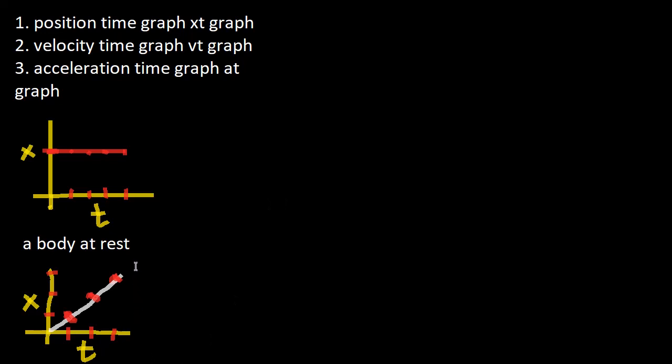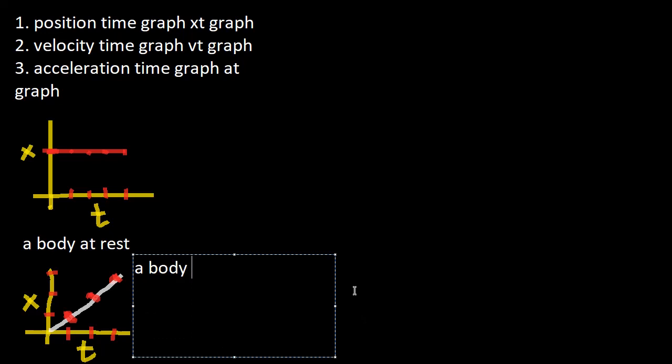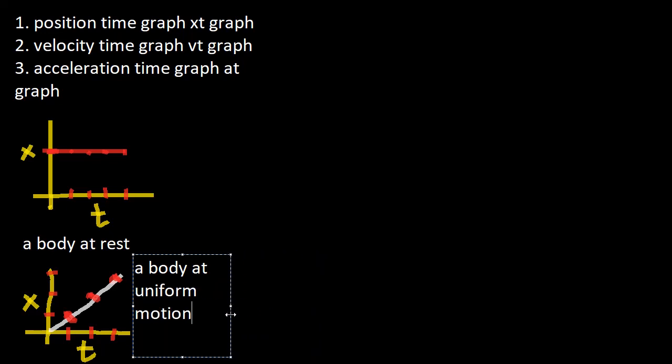So let us write it down. This is the graph of a body in uniform motion, right? So this is the second type of xt graph.